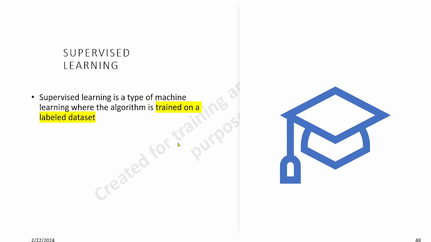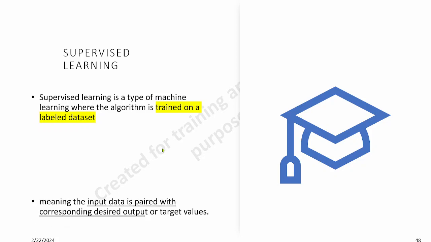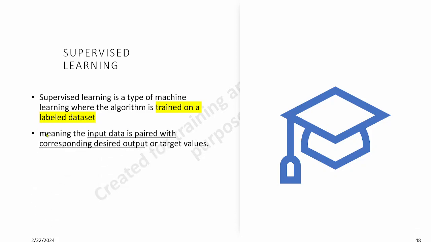It's a type of machine learning which is trained based on labels. That means we have to label the data. What do we mean by labeling the data? It means the input data is paired with some corresponding desired output. Let's say, given input data of temperature, rainfall, wind pressure, and humidity level, we can say this is a moderate day or a very hot day.